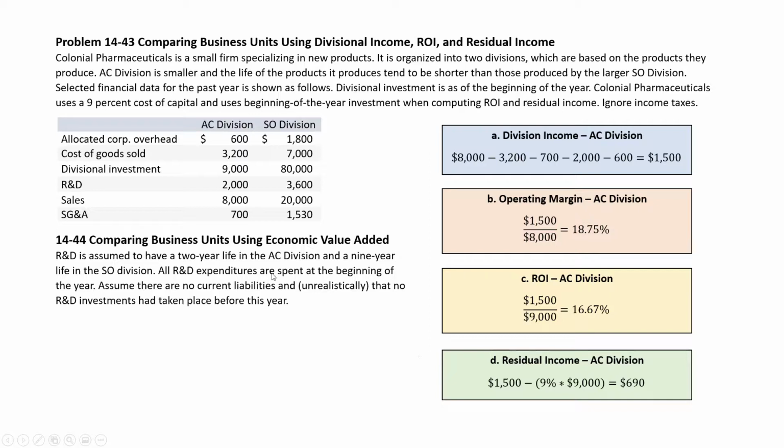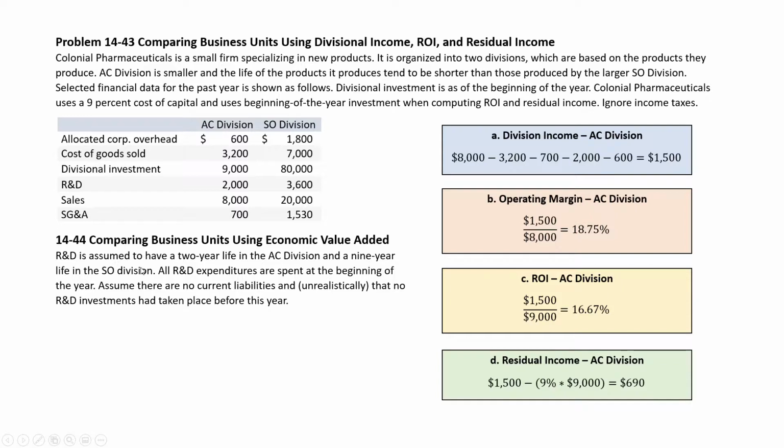And one adjustment in particular is when we're expensing research and development. For accounting conventions, it's typically to go ahead and expense it all right away. For economic value added, the argument is no, I actually should capitalize some of that up front and more slowly expense it over time. So we need to make adjustments for that.